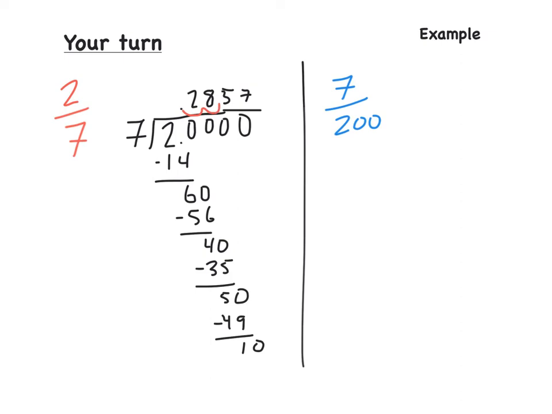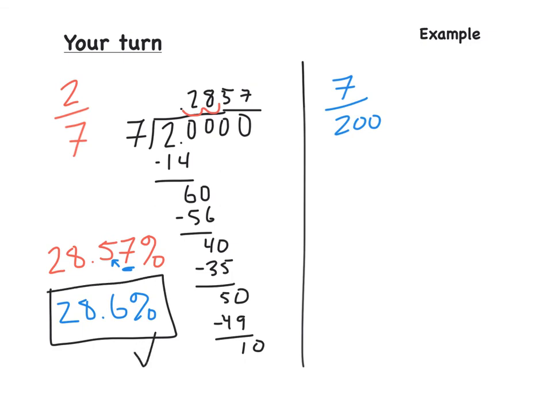So we have 28.57%, but I want to round it to the nearest tenth. This 7 is greater than 5, so I'm going to bump up this 5 and make it 28.6%.